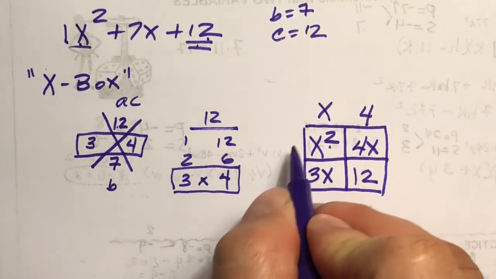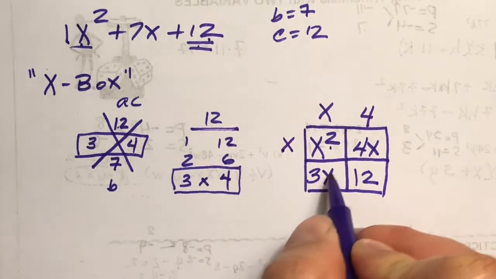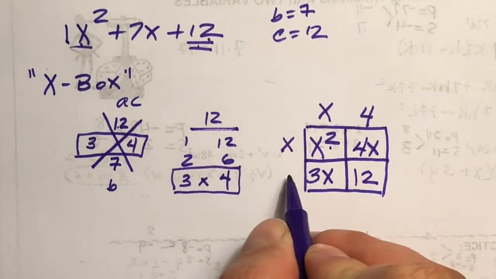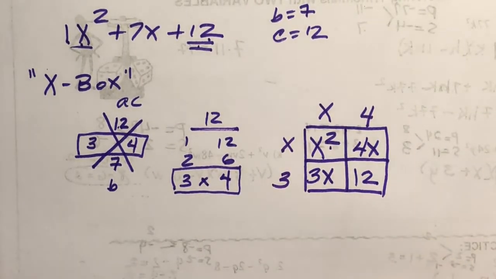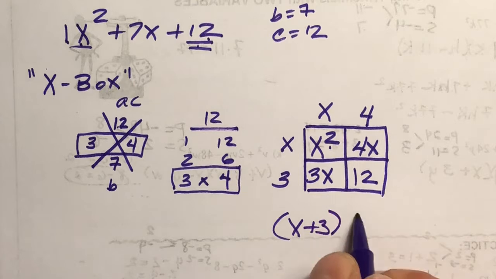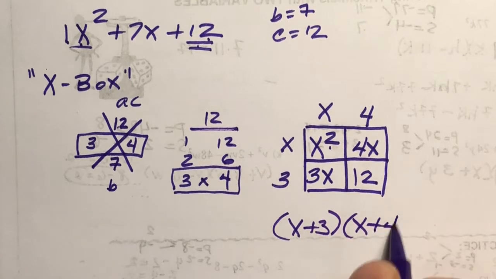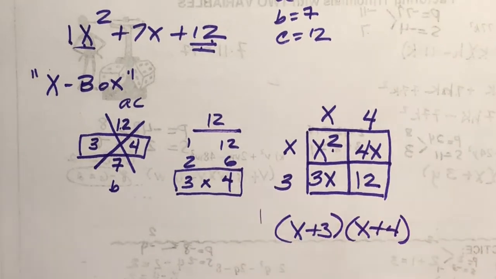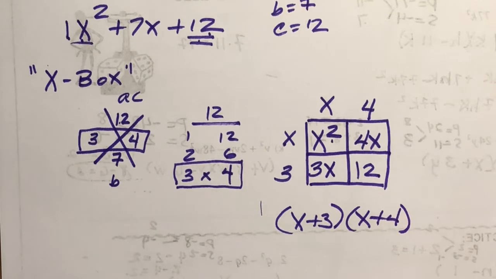This row has a GCF of x, and this row has a GCF of 3. And I'm done. My factors are x plus 3 times x plus 4. That's the whole thing right there.